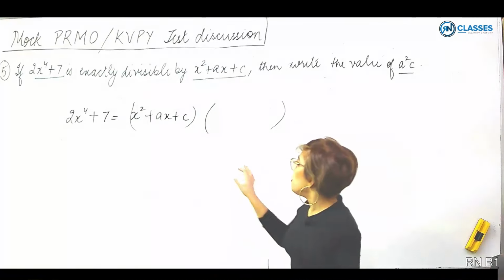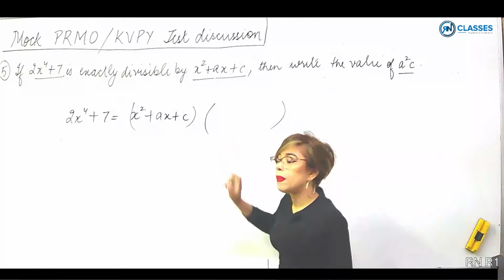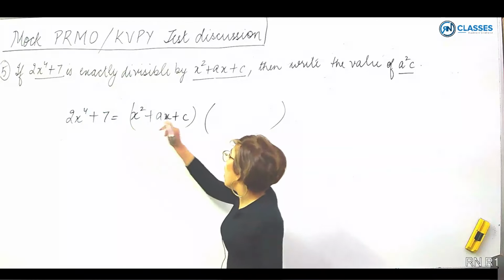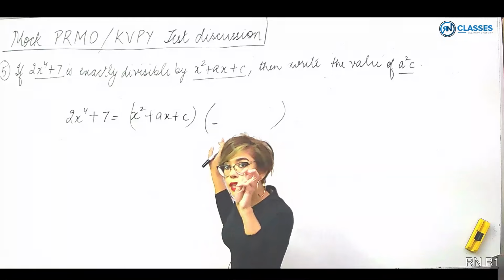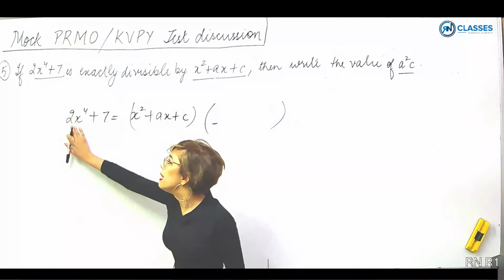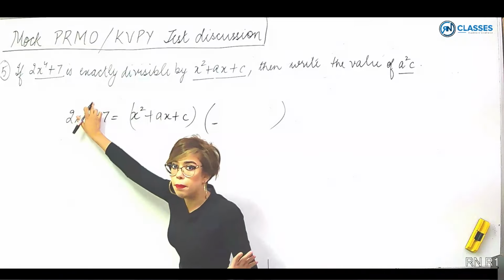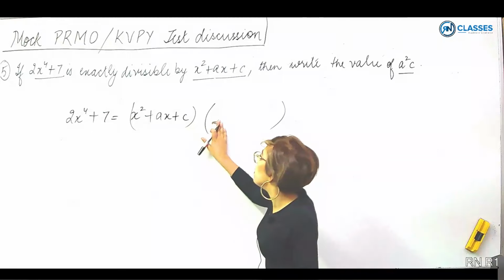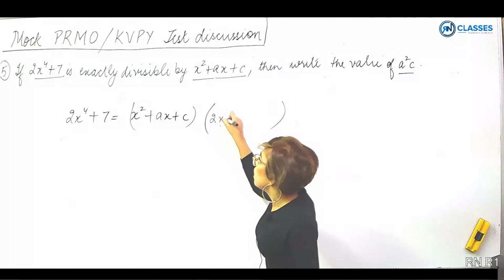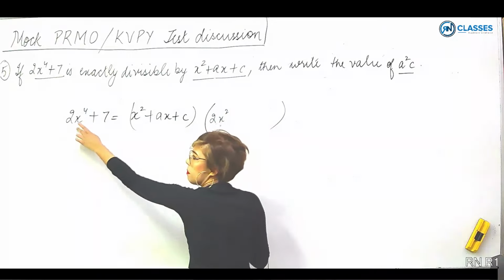Let me try writing the quotient here. Here I have x square. Obviously, x square should be multiplied by 2x square in order to get 2x raised to power 4.